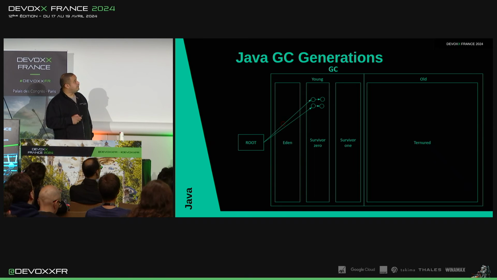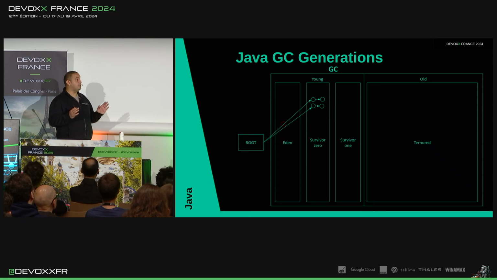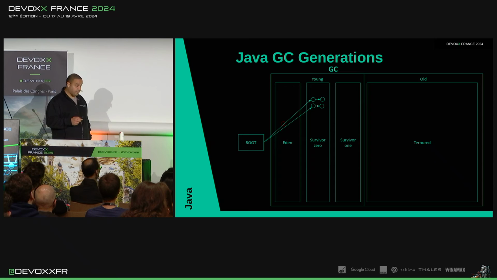So imagine that the garbage collector phase passed. This one got removed, and all these ones here, the ones that were existing in the heap, are moved to another section called survivor 0. Survivor 0 is still in the young generation, but it's not dead and it's different.